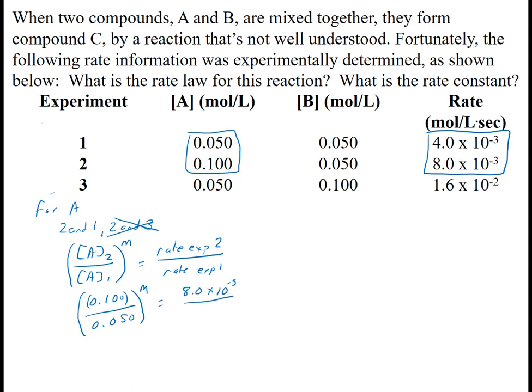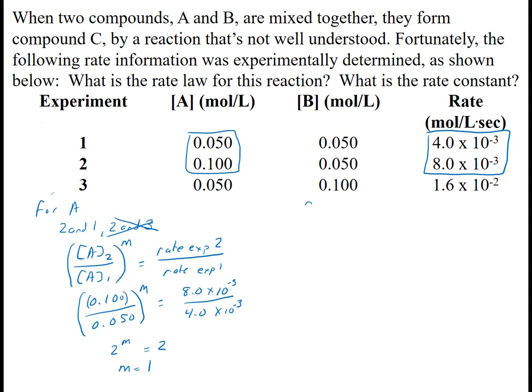Rate for experiment 1 is 4.0 times 10 to the minus 3. So I do this math. 0.1 divided by 0.05 is 2 raised to the M. 8.0 times 10 to the minus third divided by 4.0 times 10 to the minus third is 2. So M must equal 1. So 2 raised to the 1 is equal to 2.